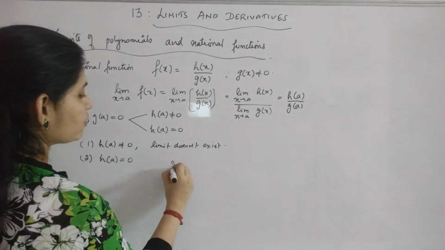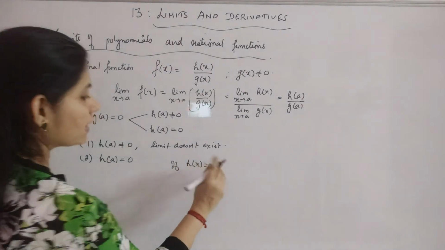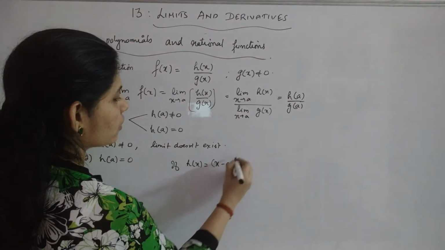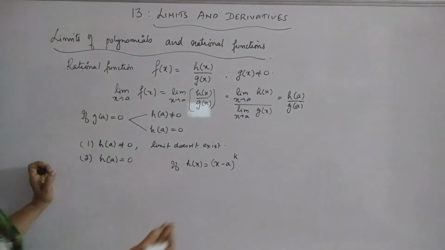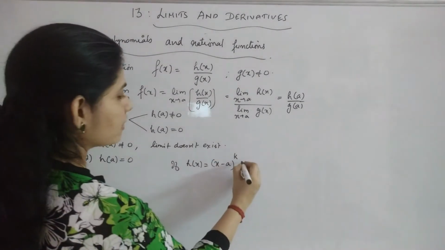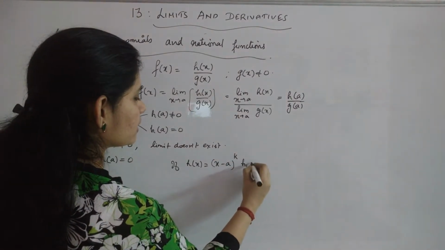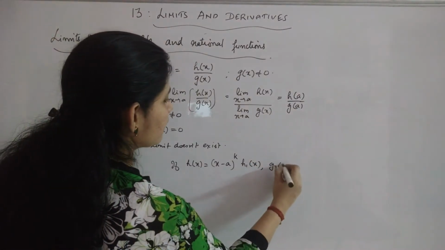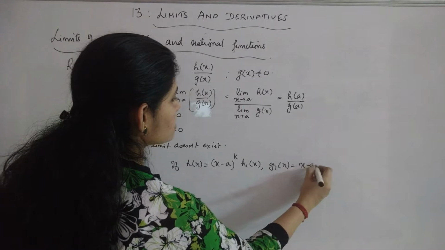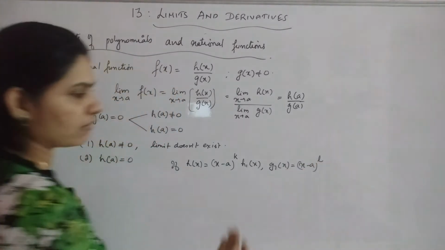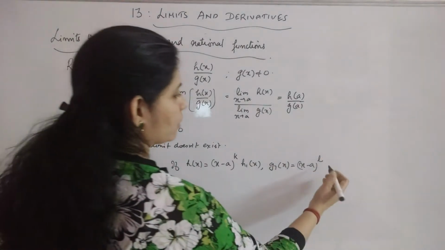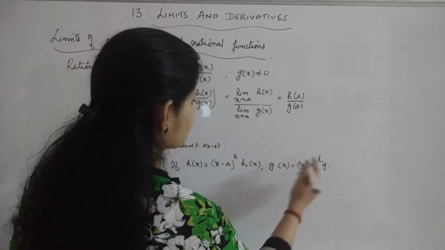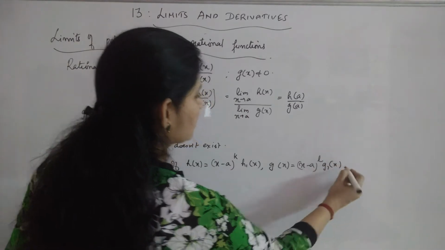That is, if you can write or split h of x as x minus a, the whole raised to k, that can be any power, into the remaining polynomial, that is into h1 of x, and g of x is written as x minus a, the whole raised to some other power of x minus a, into g1 of x. Like this you are writing.